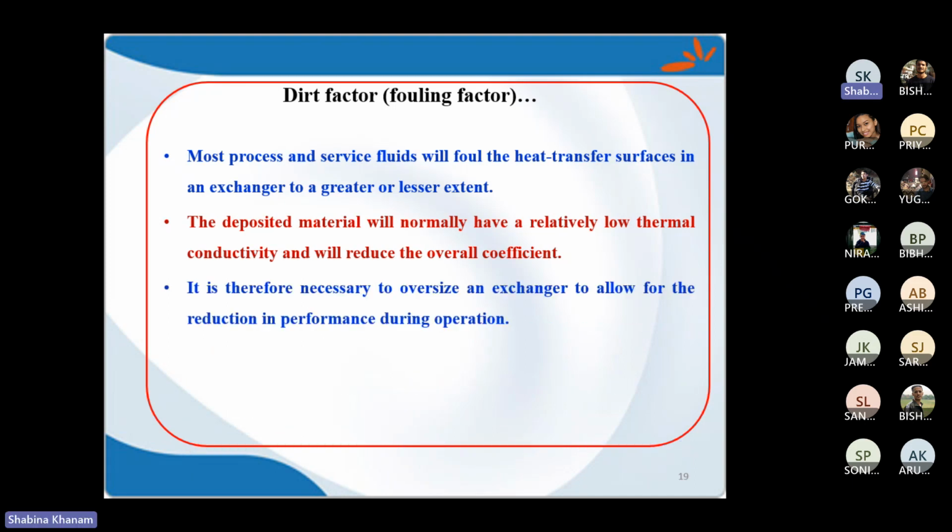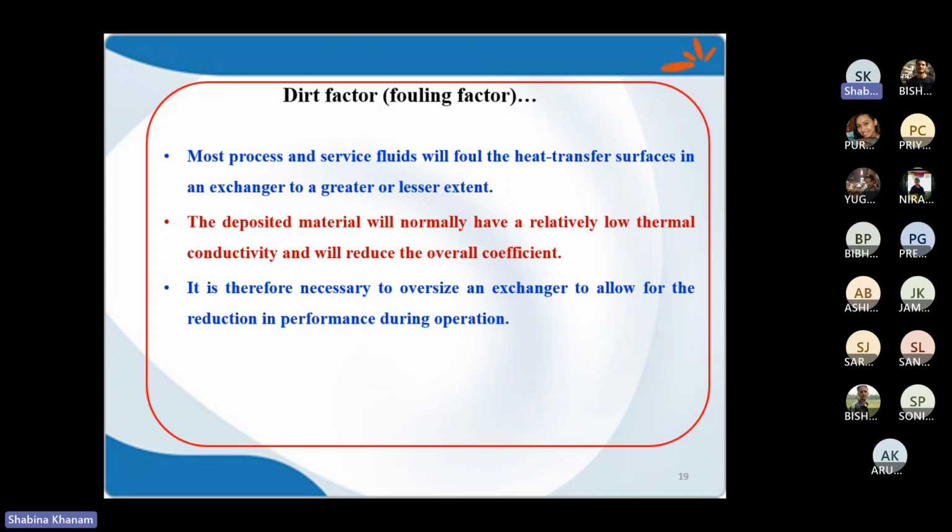It is therefore necessary to oversize an exchanger to allow for the reduction in performance during operation, because right now we are designing the heat transfer equipment, or let's say a shell and tube heat exchanger. It means that the heat exchanger is not existing. So how will this fouling come into the picture? Once I have the design, I will manufacture the shell and tube heat exchanger, then operation will be performed.